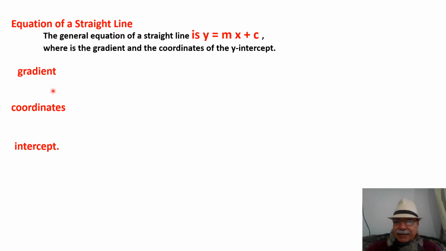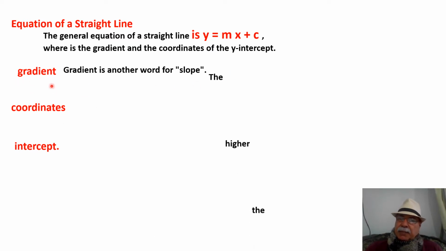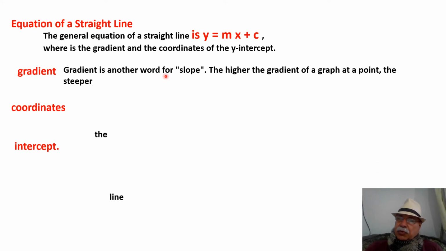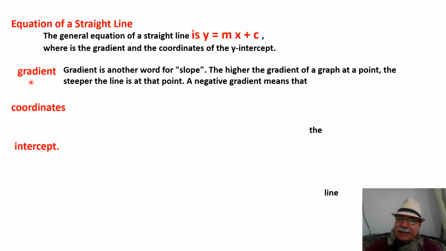The gradient is another word for the slope. It is the slope of the line of the equation. This means the slope of the line in the diagram.